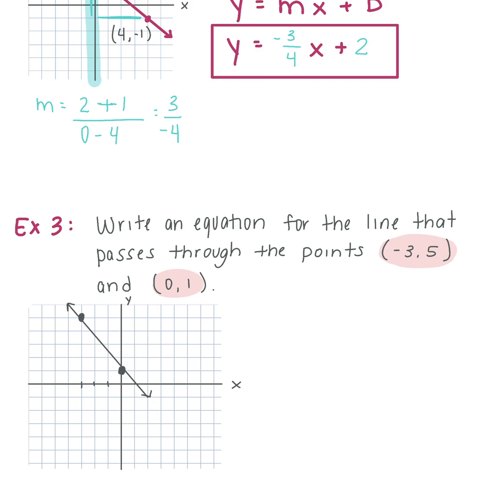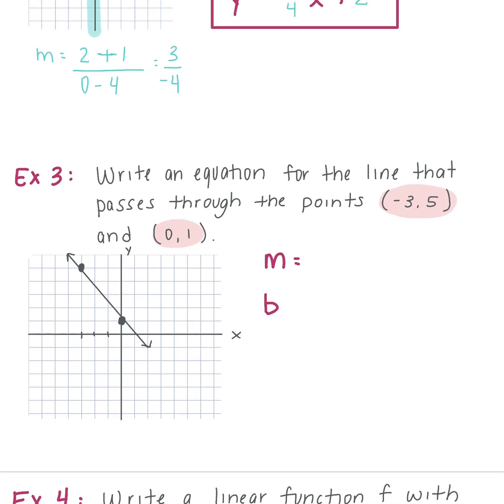So now I'm going to say, okay, I want to find my slope and I would need to find my intercept. So in order for me to find my slope, I need to actually calculate it with the points that they gave me. And remember, this is my first x value, this is my first y value, this is my second x value, my second y value.